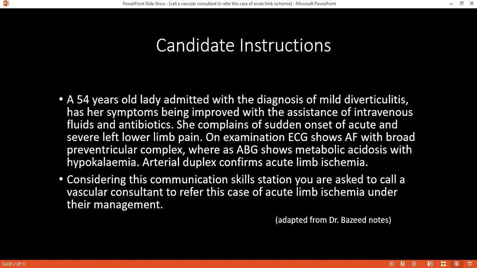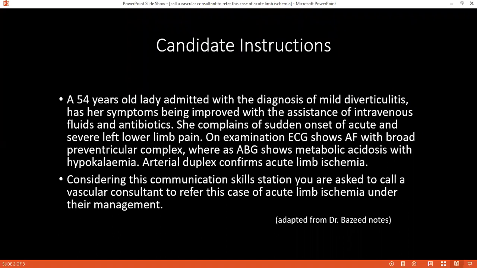Okay, so would you like to do any scan for the abdomen first? Okay, I will do the CT abdomen and pelvis, but after the transfer of the patient. And if the renal profile is okay, I will do CT with contrast, to see whether it is mesenteric ischemia.